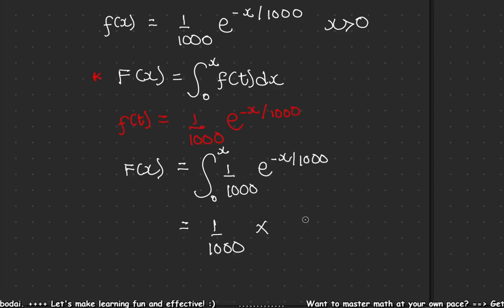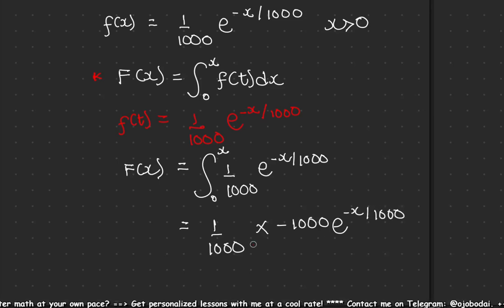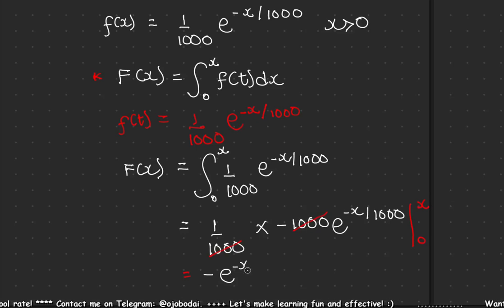That alone should give us a negative 1,000, times all of this that we have over here, which is e to the power negative x over 1,000. It simply means the 1,000 here cancels out this one, to have negative e to the power negative x over 1,000.